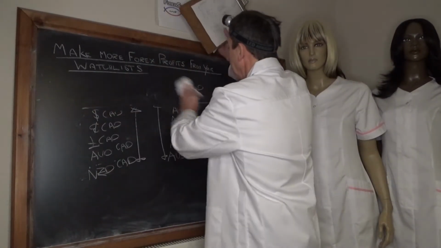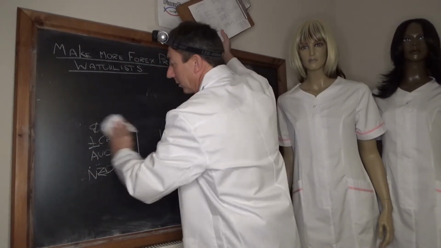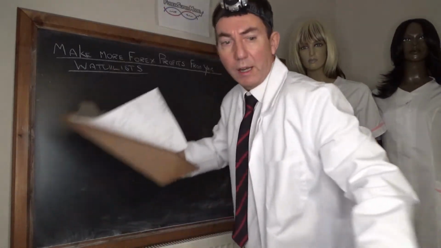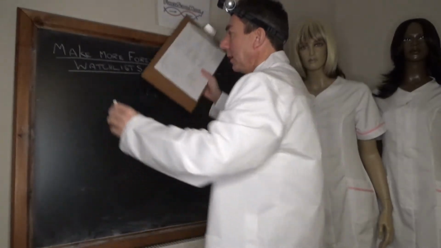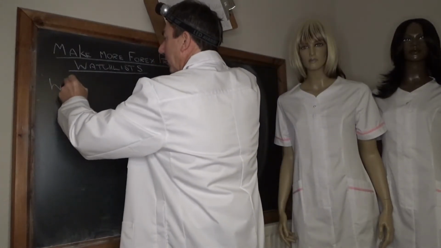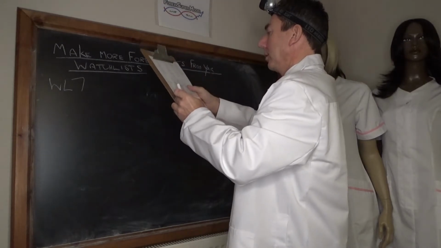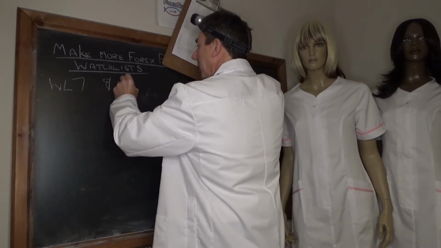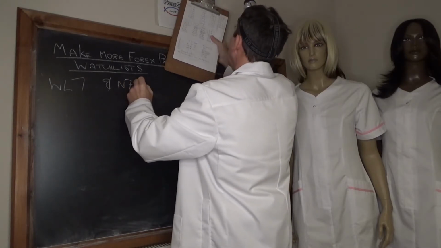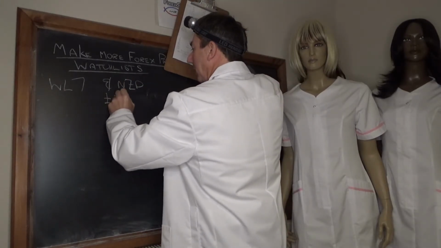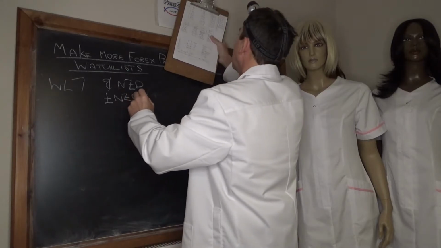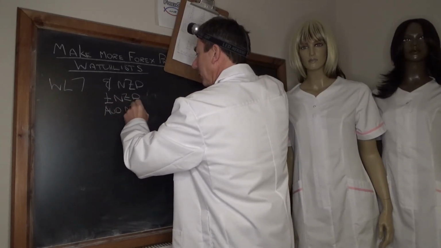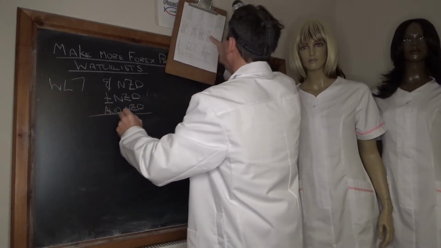So we're nearly there on the Forex, and we've just got to sweep up a little bit more on something else. So watch list 7. We've got the euro NZD, pound NZD, AUD NZD, and then we're up and running.